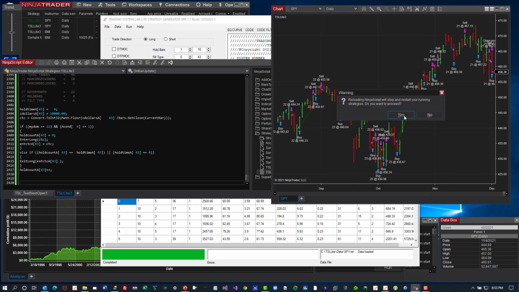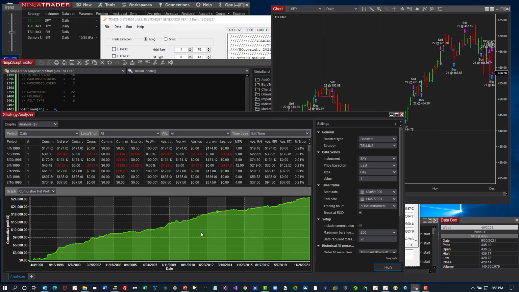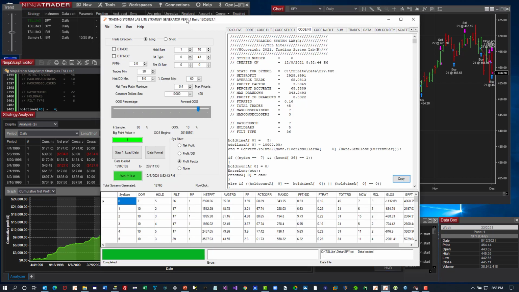Rerun it on the chart and backtest it using the NinjaTrader backtester, and here that is. So those trading strategies that I just evaluated have a higher overall profit factor, so perhaps you would want to trade that trading strategy. But let's say that we want to trade just an individual trading strategy.